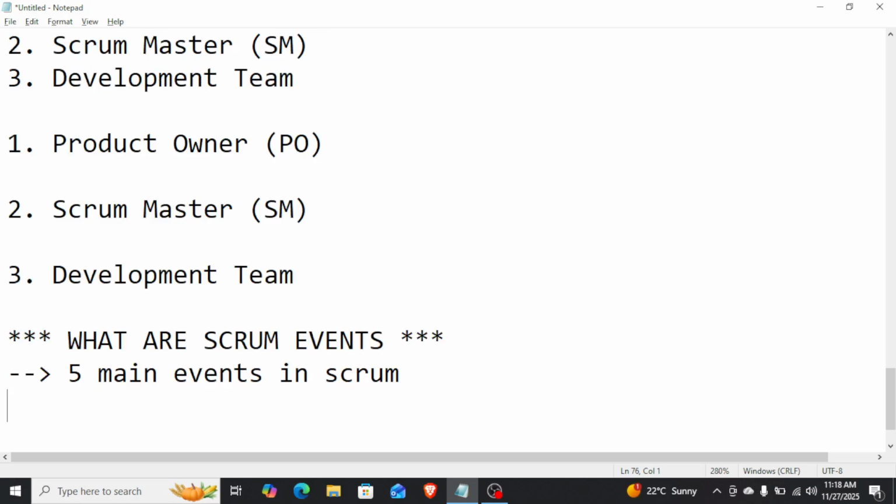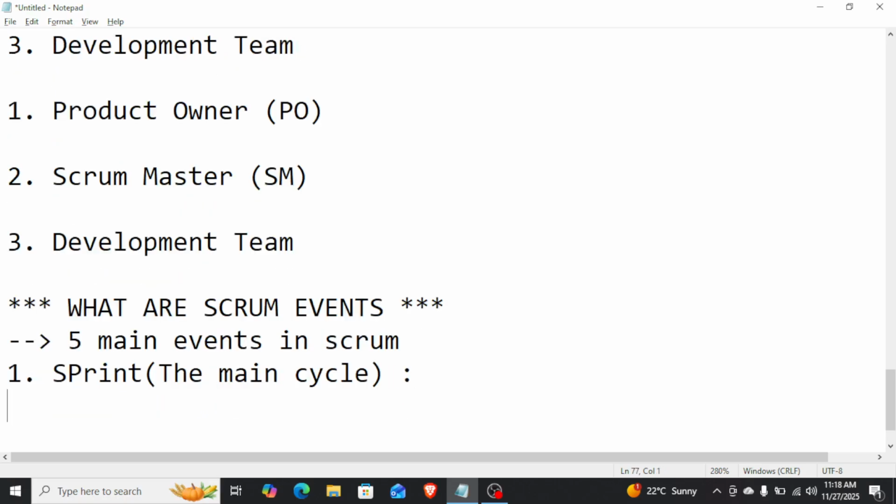One is sprint, the main cycle. Usually it has 2 weeks duration.